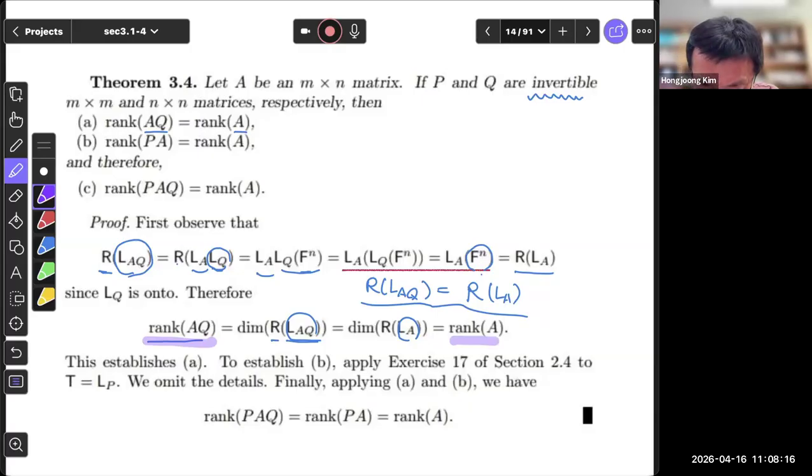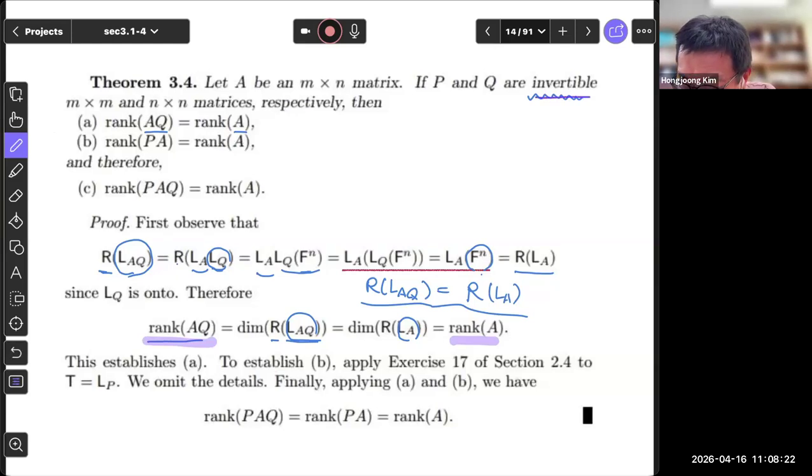And this comes from the fact that P and Q are invertible matrices. So what is the meaning of this? That means the multiplication by an invertible matrix from the right does not alter the rank.